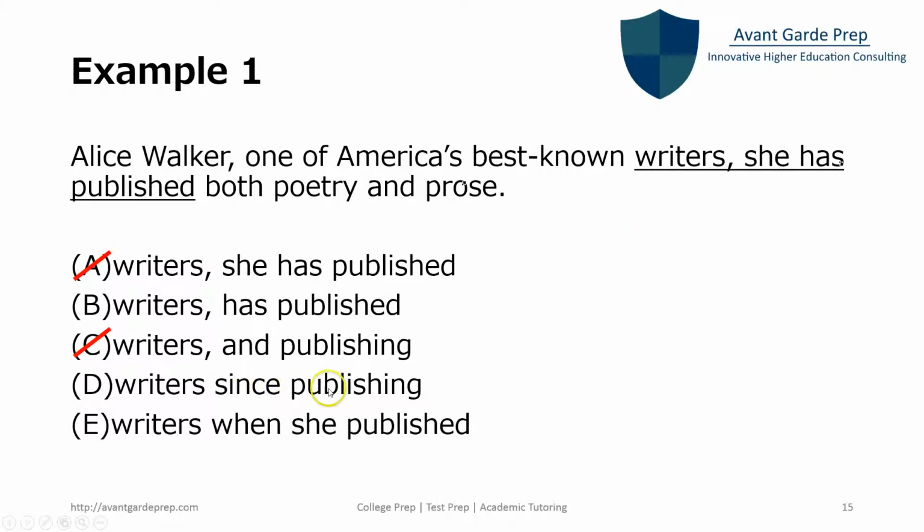Again, when we change it to since publishing, now we've made it a fragment. It's no longer a complete sentence. And then E. Alice Walker, one of America's best known writers, when she published both poetry and prose. Same thing as C and D. When we add that when, it just makes it a fragment, not a complete sentence.